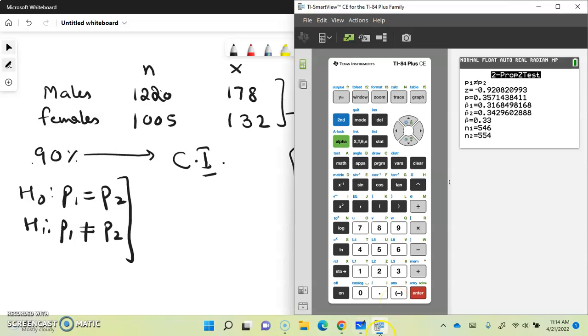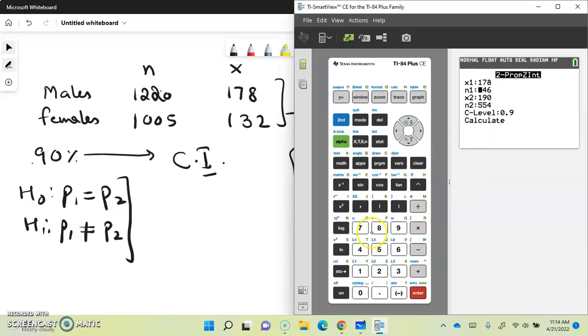So let's do that. We go on stat, go to test. So not 2 prop z test right now, because we are creating an interval. If you go to B, 2 prop z interval, that's what you need. X1 is 178.